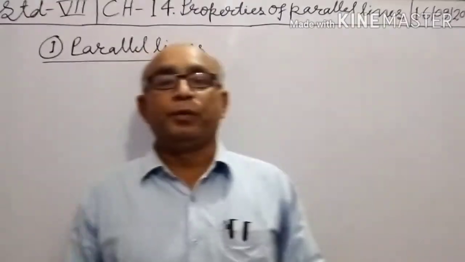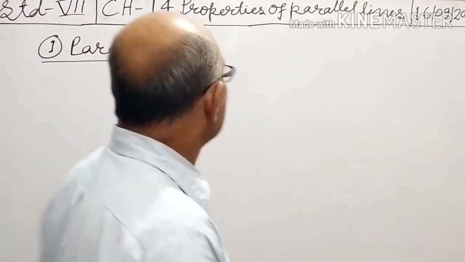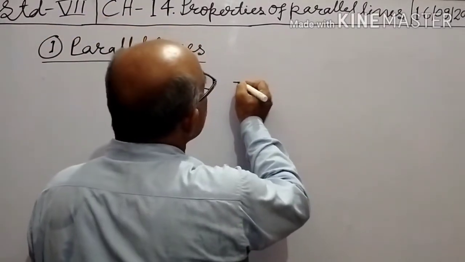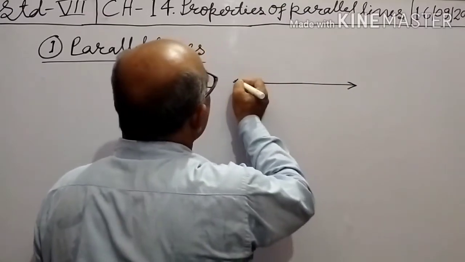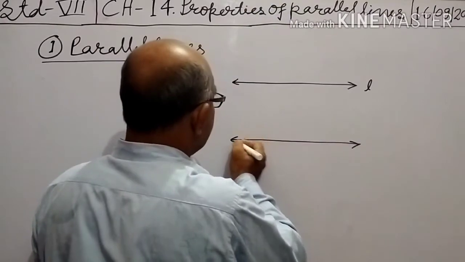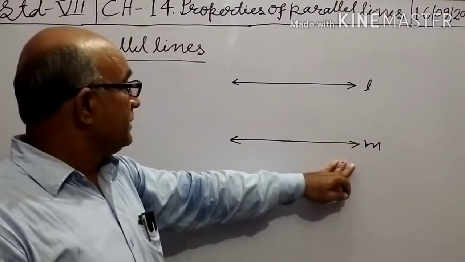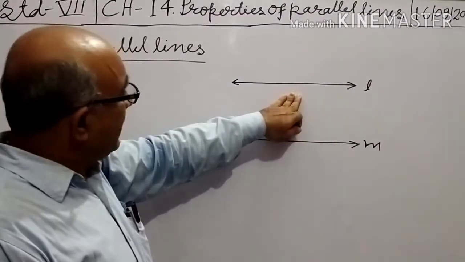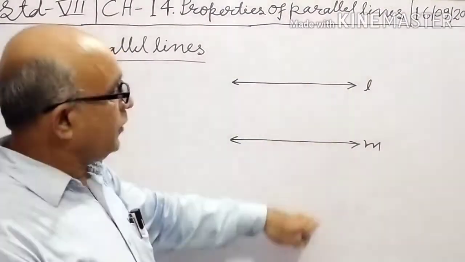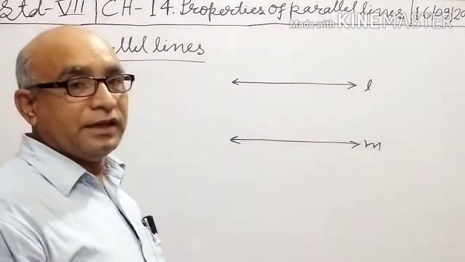Two lines are said to be parallel lines if they lie in the same plane and they do not intersect each other. Students, suppose line L and line M are two lines. Both lines lie in the same plane and they do not intersect each other.